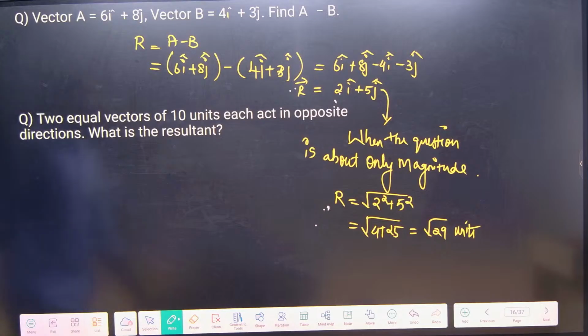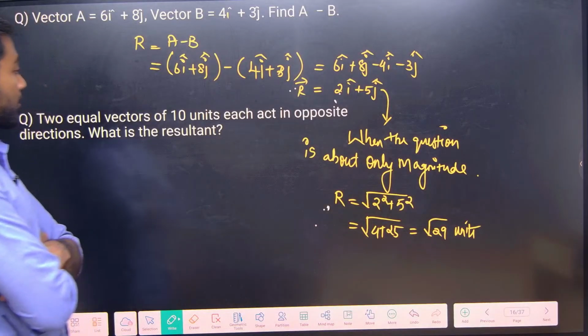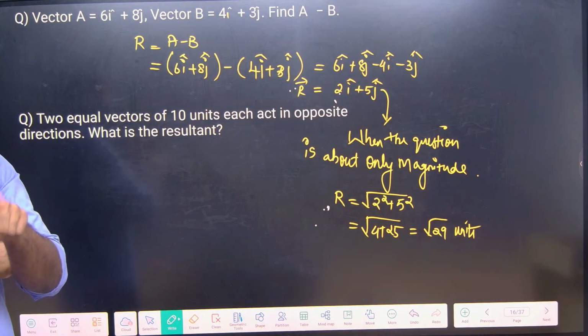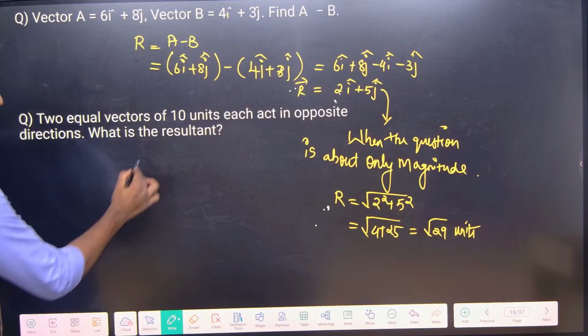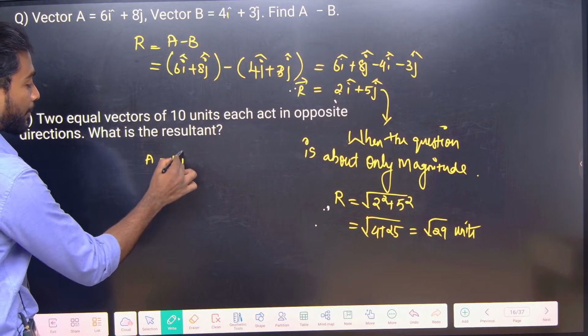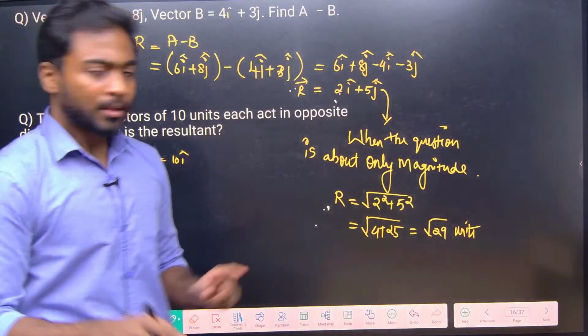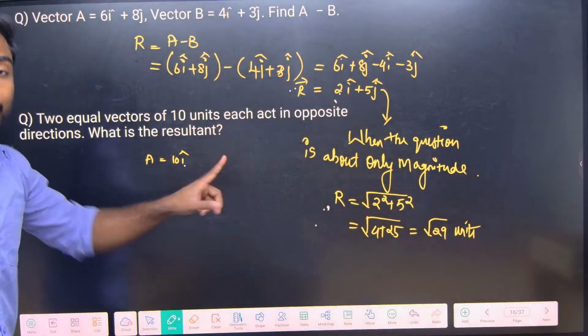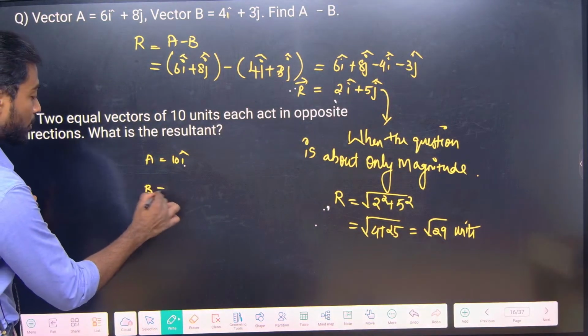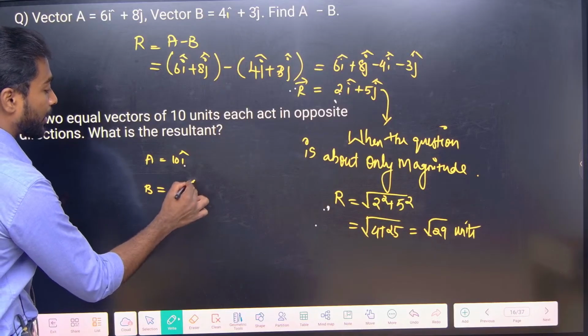Fine. Okay, now two equal vectors of 10 units each act in the opposite direction. What is the resultant vector? They act in the opposite direction. A is equal to 10 i cap, so the opposite direction of i is minus i. So B will be equal to minus 10 i cap.